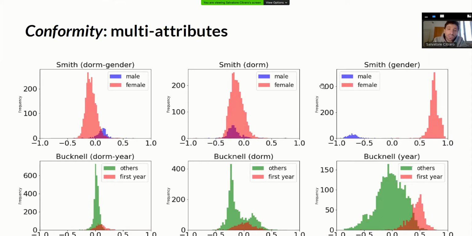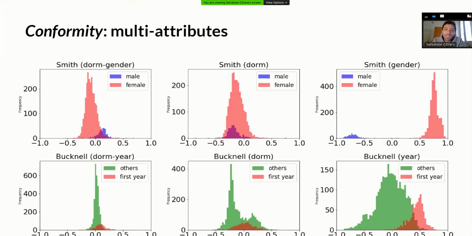But if we consider the conformity with respect to the pair gender and dorm, we can see how the female component is the most assortative part of the network. This is trivial because it just means that we have male dormitories.